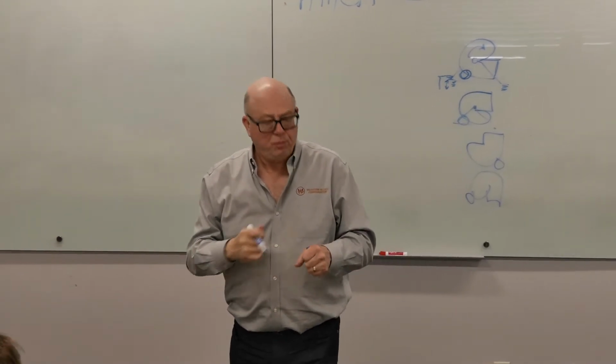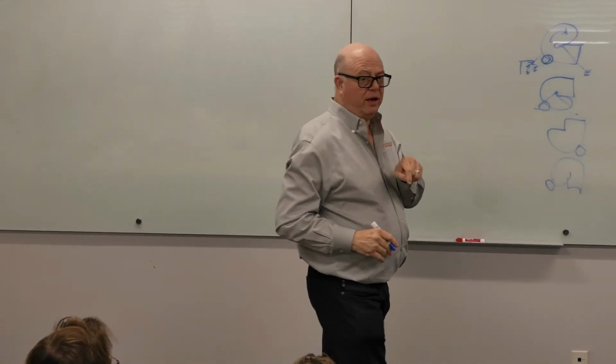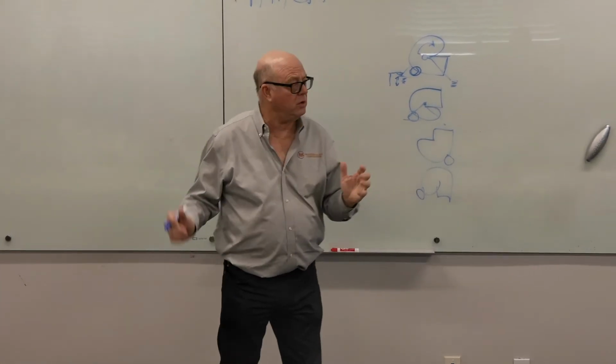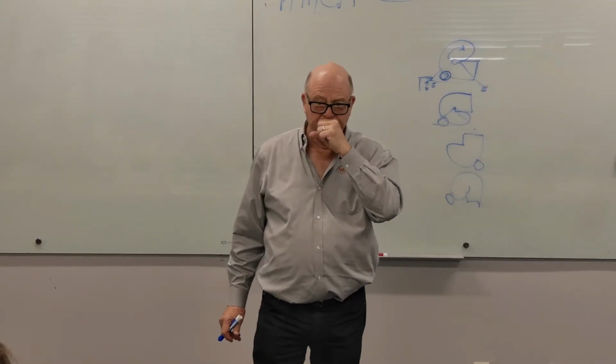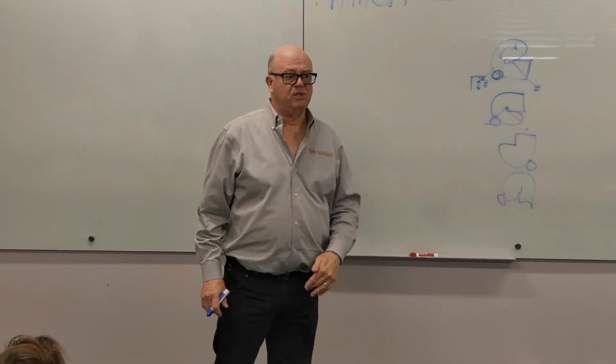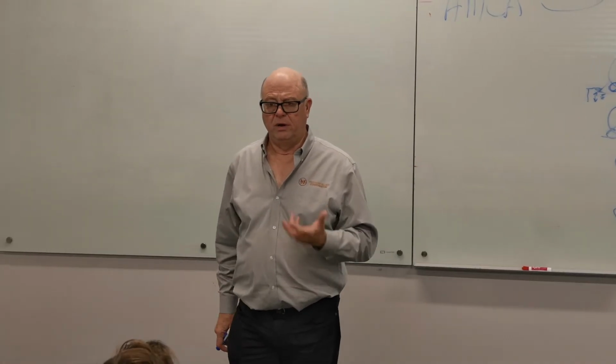Okay, so you have to specify, and this should be on the equipment schedule, which configuration you're using. Another thing you've got to specify is which hand, right or left.